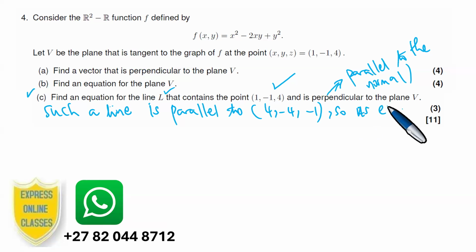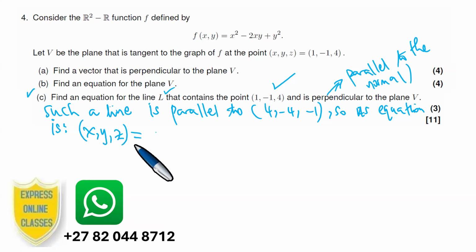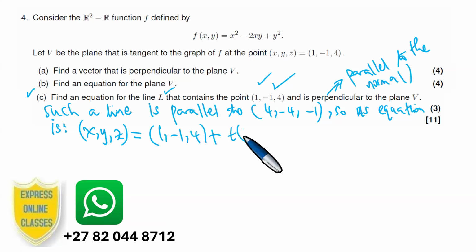So its equation is (x, y, z) equals the point (1, -1, 4), plus t times, because it's parallel to the normal we got in the previous question, (4, -4, -1).